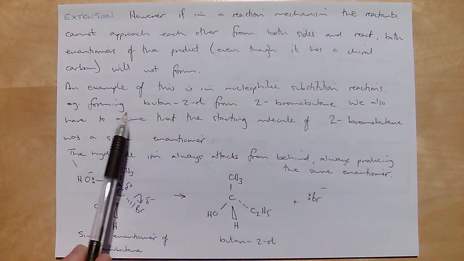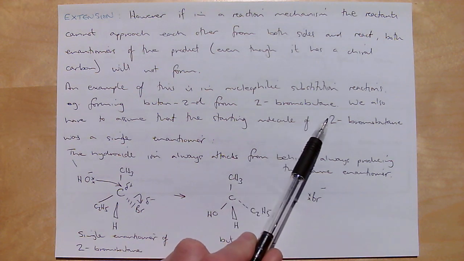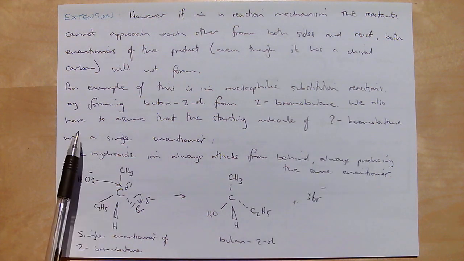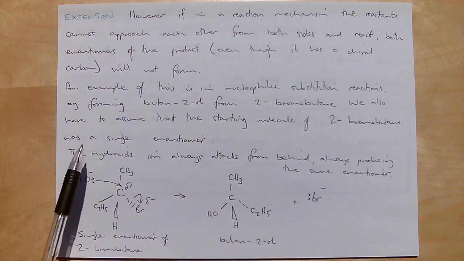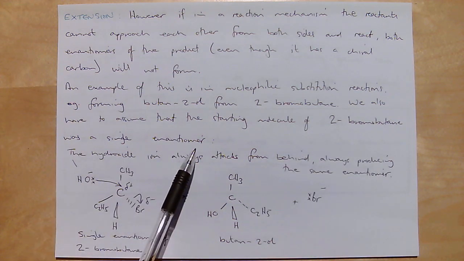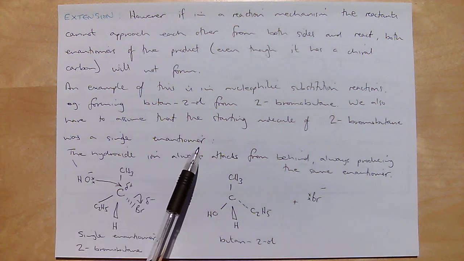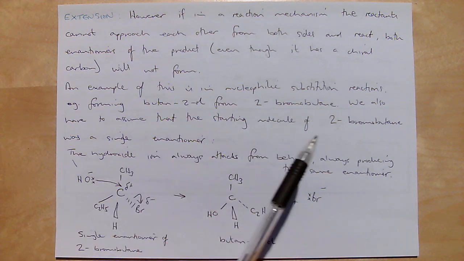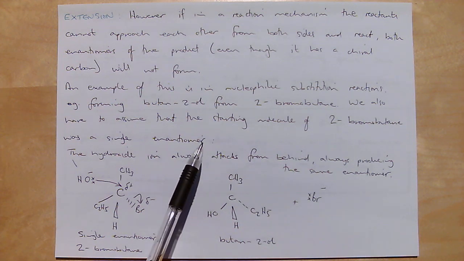So if we're forming butan-2-ol from 2-bromobutane, we also have to assume that the starting molecule of the 2-bromobutane was a single enantiomer. That's also really important. I have to have as my starting reactant 2-bromobutane, which is just one of the enantiomers of 2-bromobutane.